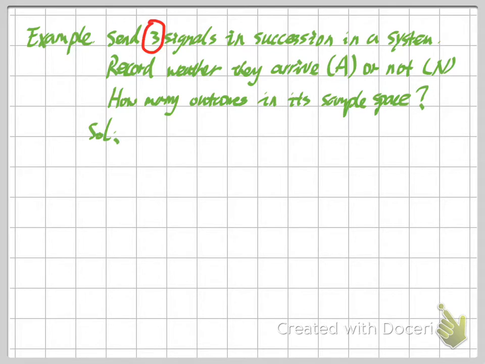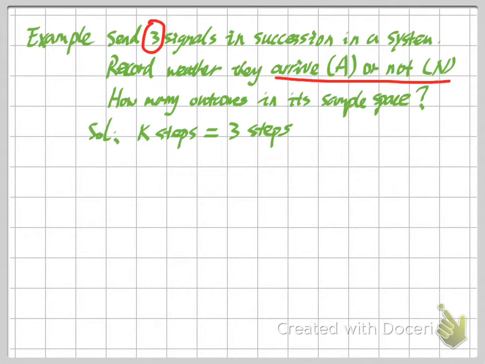So our k steps, in fact, are 3 steps. The next thing is to know, in each step, how many possible ways we can complete this step. If we read the question in detail, we find there are only 2 ways.